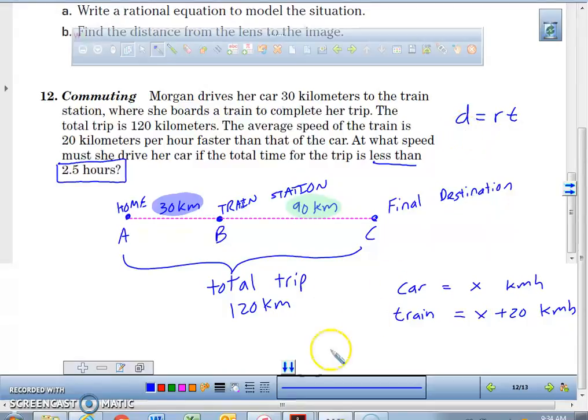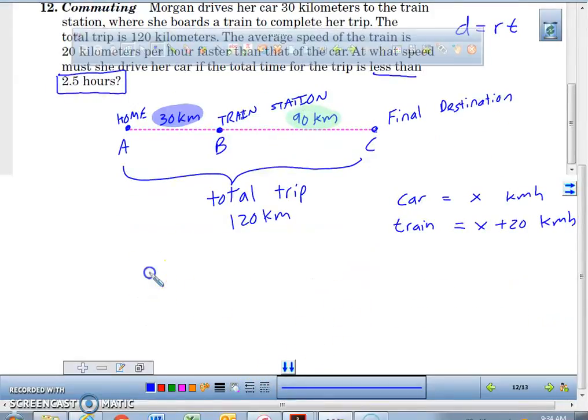Now, there are 2 times we have to worry about. Time 1 and time 2 have to be less than 2.5 hours. Time 1 represents the time that she was in her car, and time 2 represents the time that she was on the train. But together, these times have to be less than 2.5 hours.